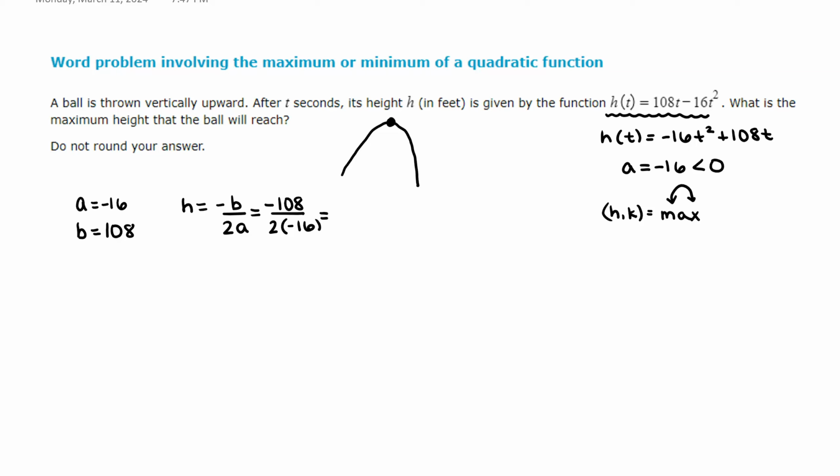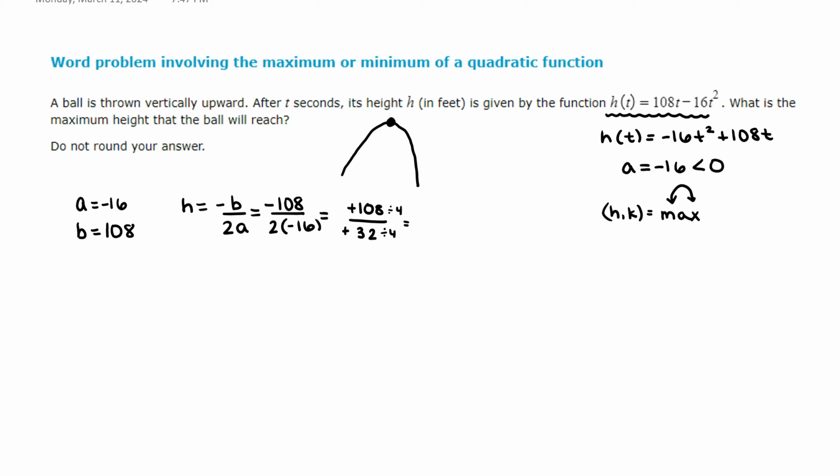So let's do it the kind of quote unquote long way for this fraction. So I've got negative 108 over negative 32. And both of these are definitely divisible by 4. I don't know if they're both divisible by something else, but they're definitely divisible by 4. And the negatives cancel.